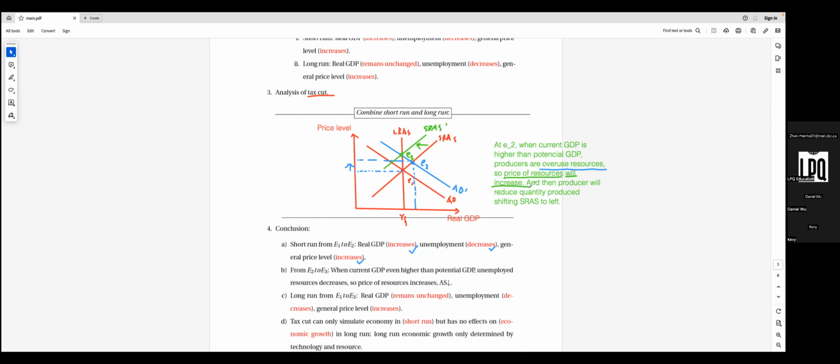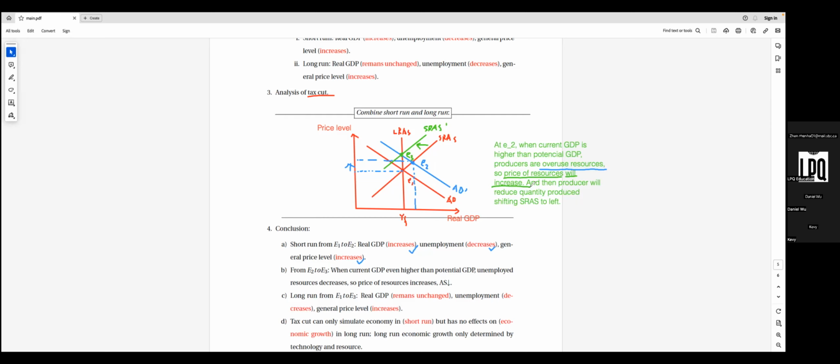By analyzing how the price of resources has been changing in the market, we can understand why the producers will decrease their quantity produced, so shifting short-run AS to the left.